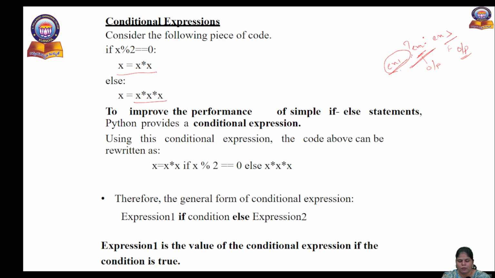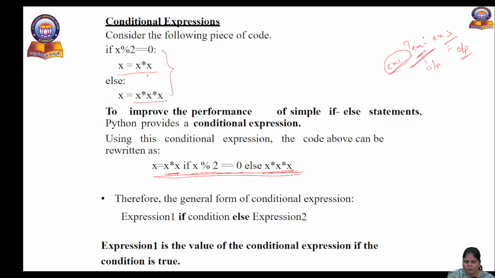To improve the performance of this simple if else, we go for the conditional expression. The conditional expression is written in a single statement. These 4 lines of code will be written in a single line of code. So what we have to do is, x equal to, first x into x, the square, will be calculated if x modulo 2 equal to 0, otherwise the cube will be calculated.